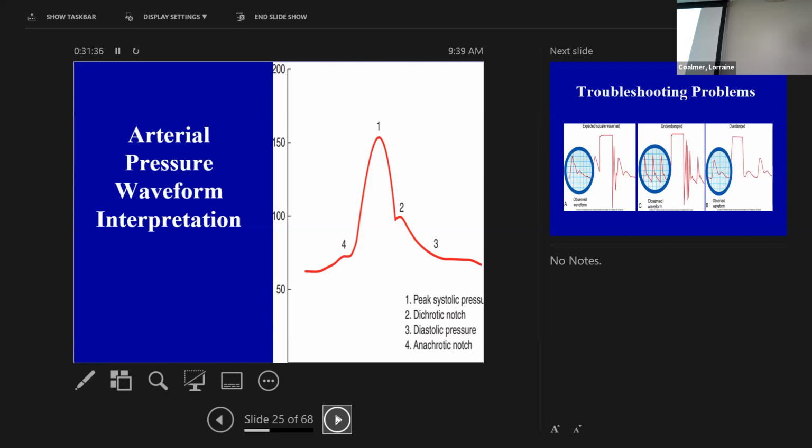And then this dicrotic notch, aortic valve closes. You have to have a notch or that waveform is not right. Something's wrong. So we want to see that notch, and I'm going to show you a waveform on an actual monitor screen. That notch tells me that we're correct. Aorta shuts, flip, and diastole starts. Systole, diastole.